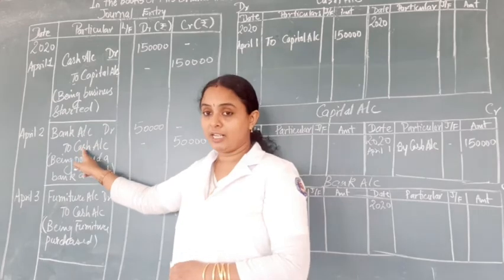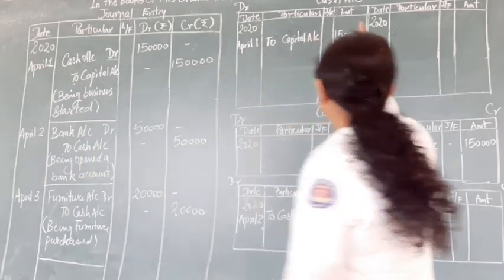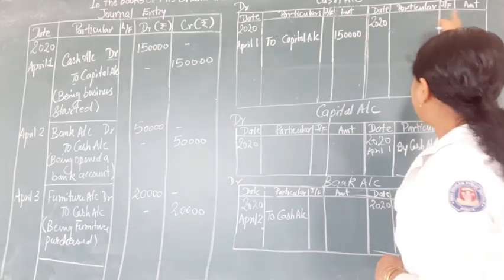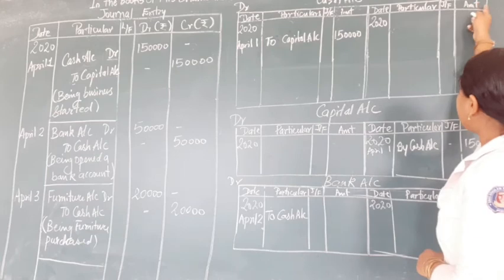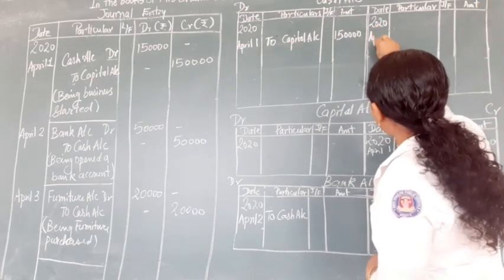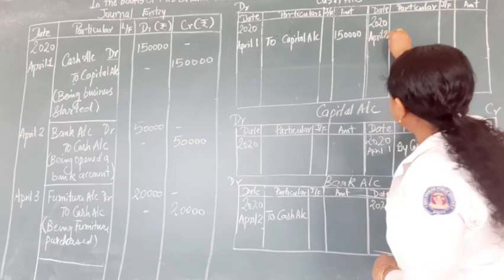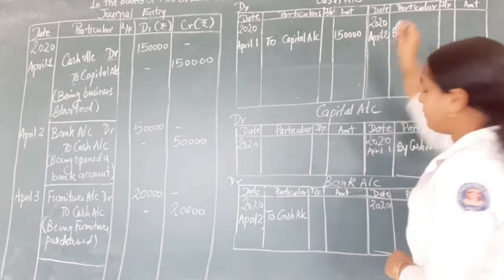Now what about the credit aspect? It is on the cash account. So on the cash account credit side, cash is credited there. So on cash account credit side, you first write the date, that is April 2.